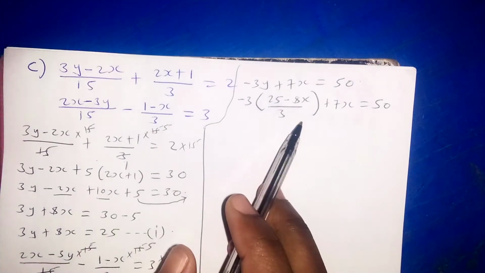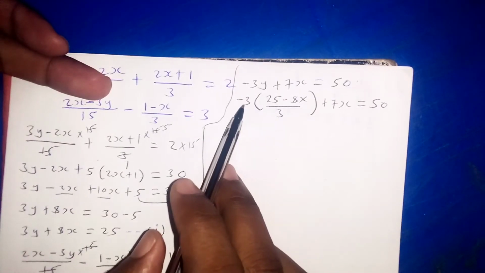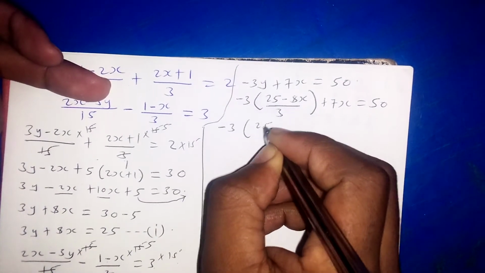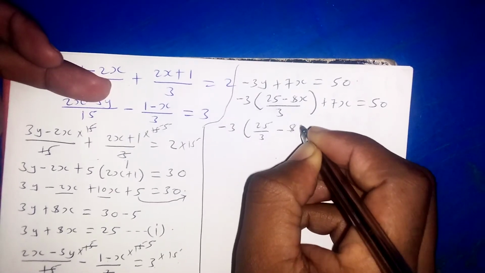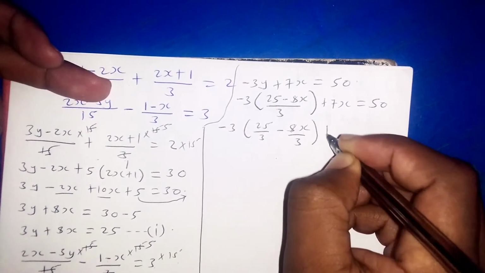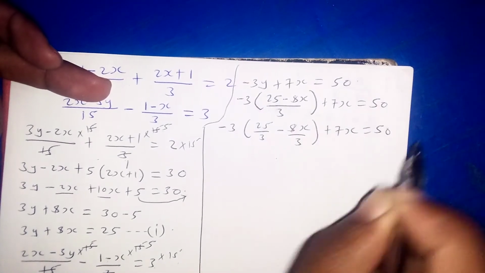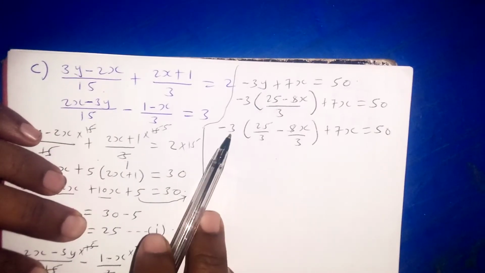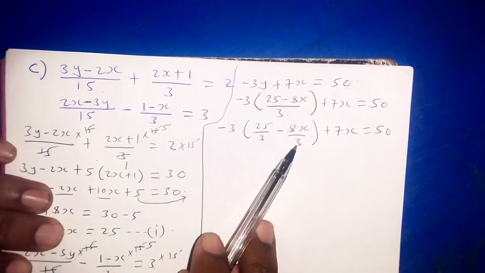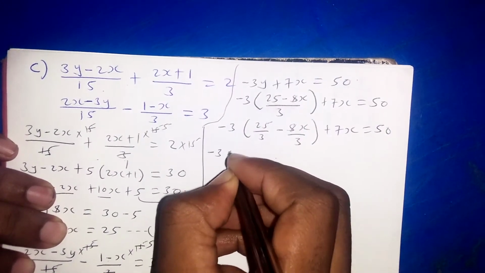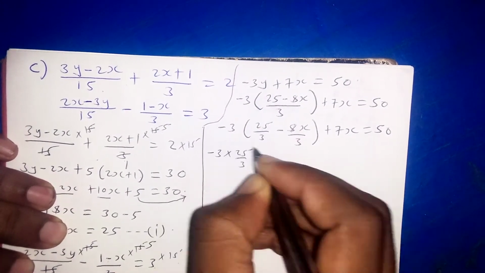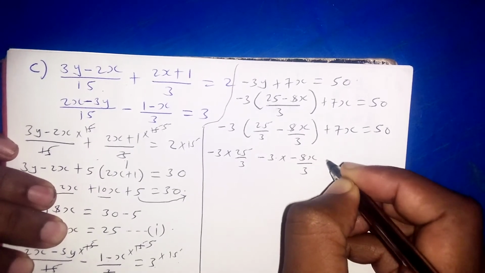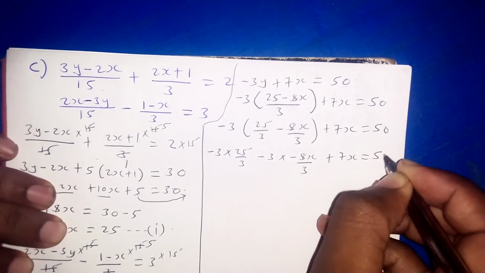So remember, this is just the same as saying negative 3 into 25 over 3, then minus 8x over 3, then plus 7x is equal to 50. That is, each and every term can be on its own denominator. Then if I open the bracket, negative 3 will pre-multiply each and every term within the bracket so that I have negative 3 multiplied by 25 over 3, then negative 3 multiplied by negative 8x over 3, then plus 7x is equal to 50.